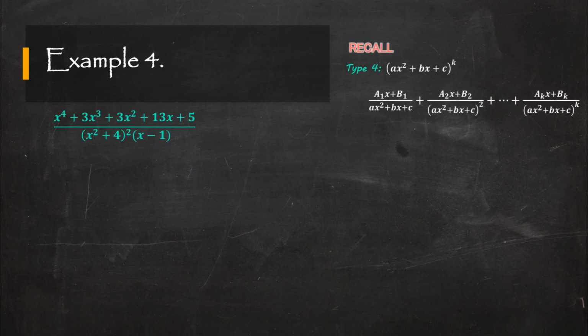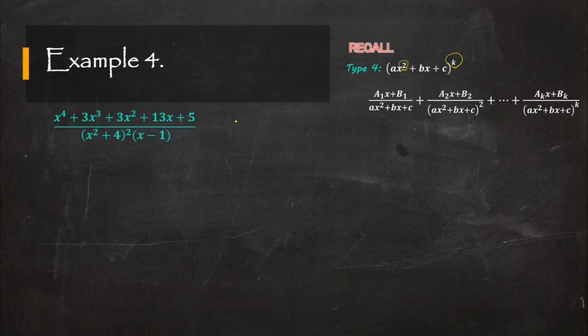Again, for type 4, we have a power here and exponent k at the end, right? So as I said before, the value of k determines how many expressions we're going to have for our general form. So let's see.